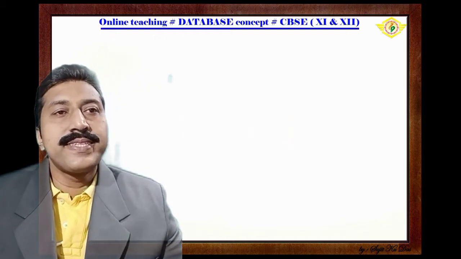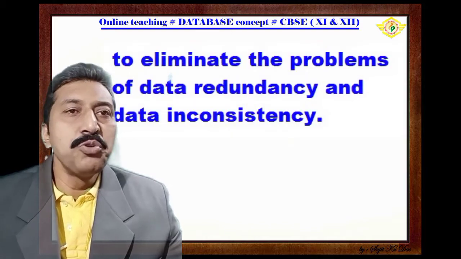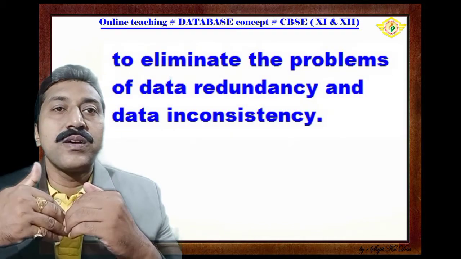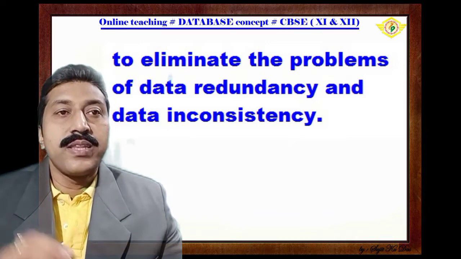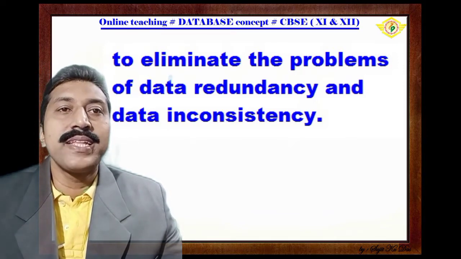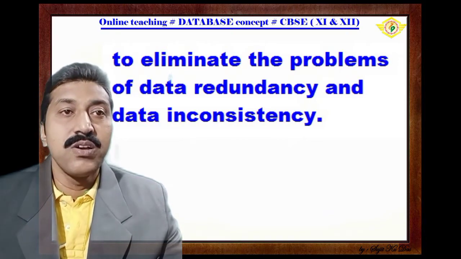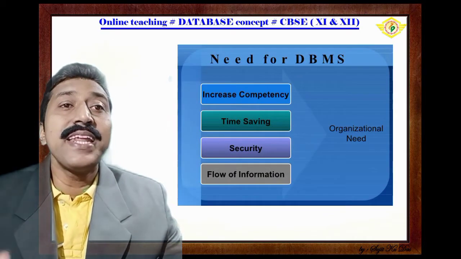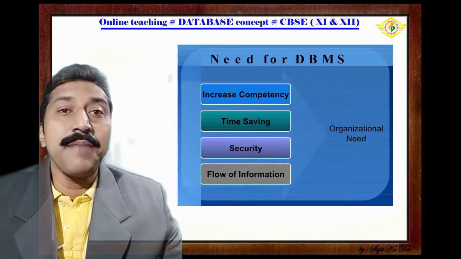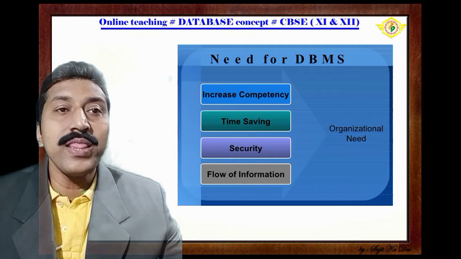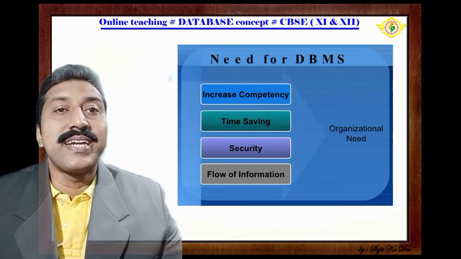Now let us see what is the need of DBMS. Database system is used to eliminate the problems of data redundancy and data inconsistency. The database system does not maintain separate files for different applications. Rather, it works on a centrally maintained database, which means that data is kept at one place and all the applications that require the data may refer to this database.